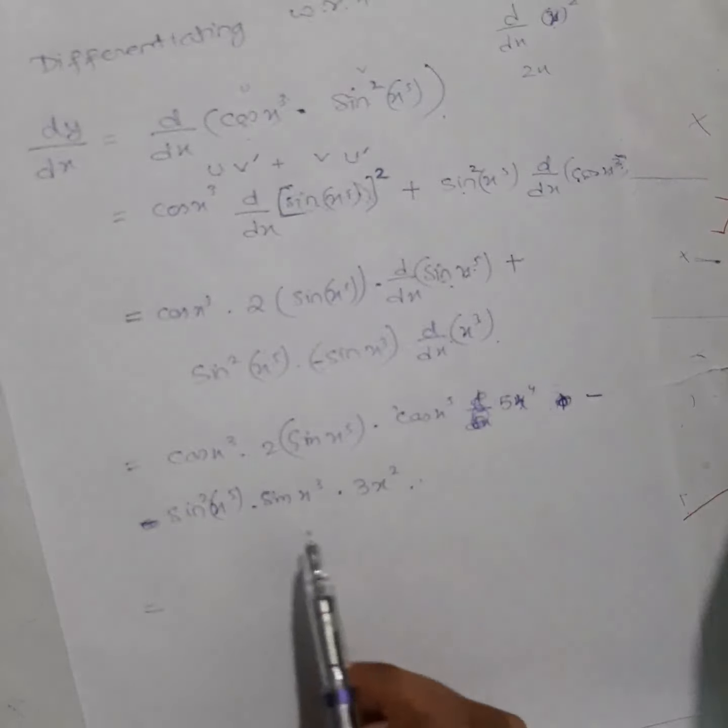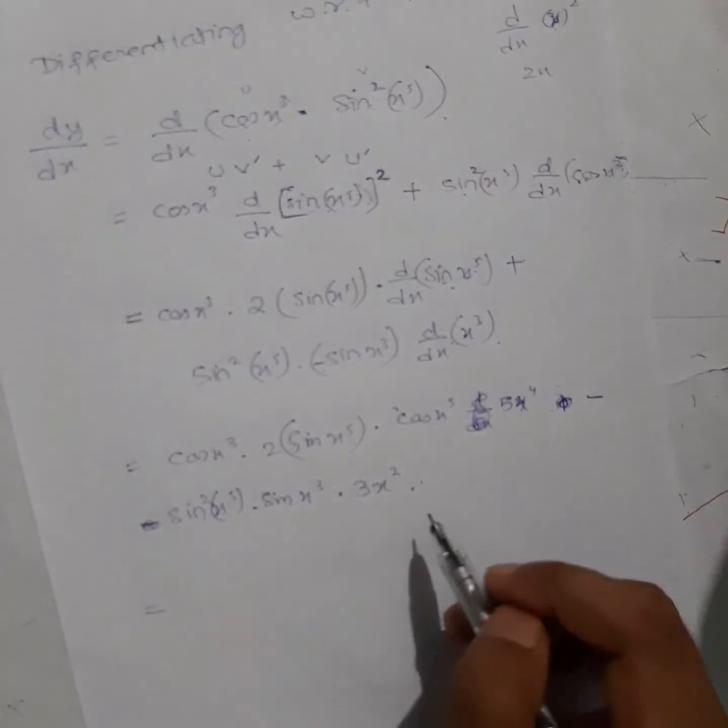Is there anything to simplify? 5x^4, I don't think so, right?